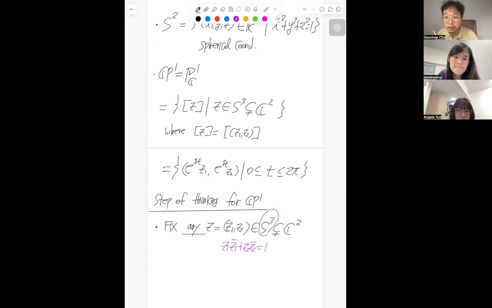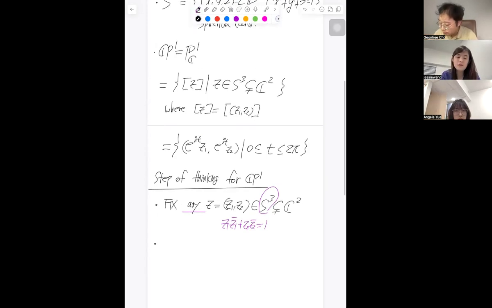Is that okay with you up to here? So you first choose Z arbitrarily from S3, and then you make the bracket of Z. Bracket of Z itself is a set, and in problem set 3, of course, we'd like to clarify the terms, but this is usually called the equivalence class.